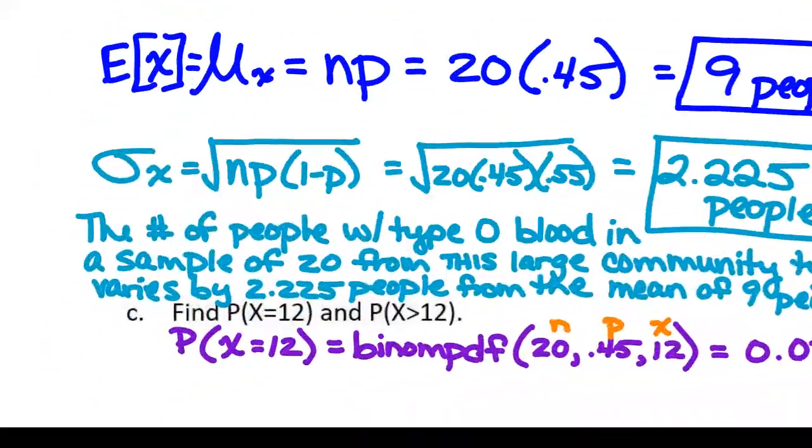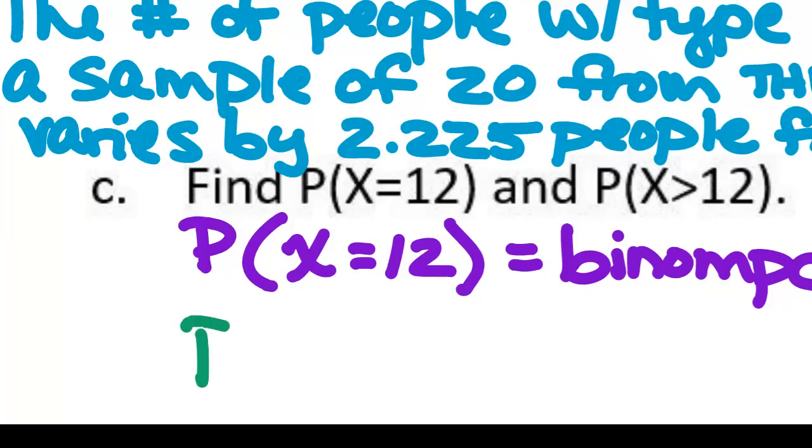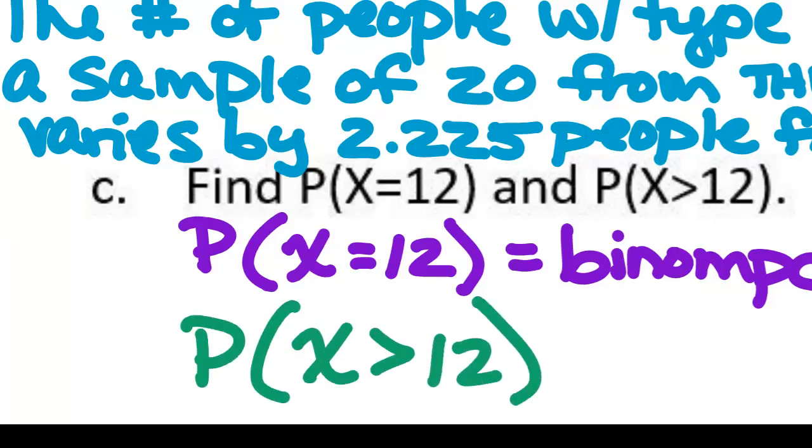All right, and then we want to know the probability that X is greater than 12. Does my calculator do greater thans? No. Eni, did you have a question? Yeah. So every time you do binomial PDF, it's NPX. Yes. And then for geometric, I think it's PX or XP.